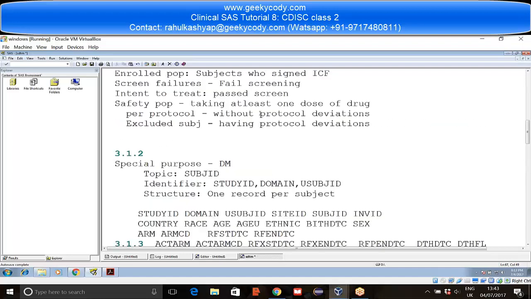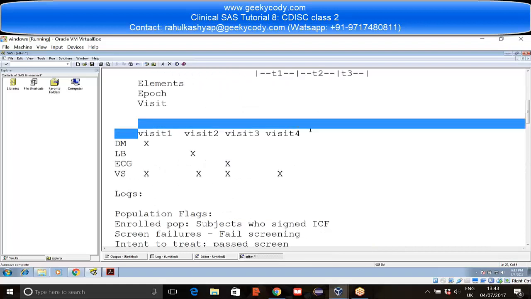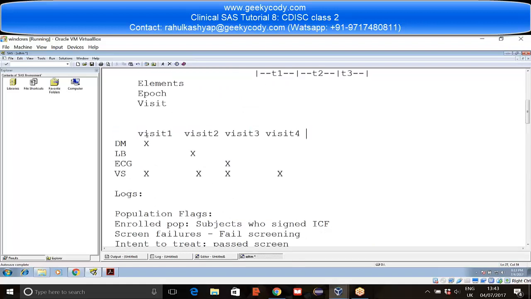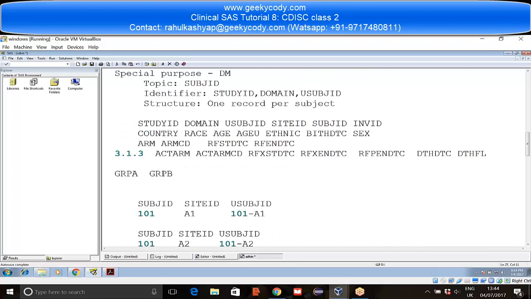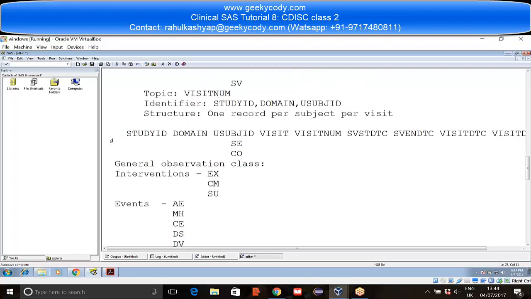Suppose four visits are there. That means for a single subject, 101, there should be only four records, one record per visit. For the first visit, he should not have two records. Whatever information there is during the first visit, they have to collect in the form of a single record.